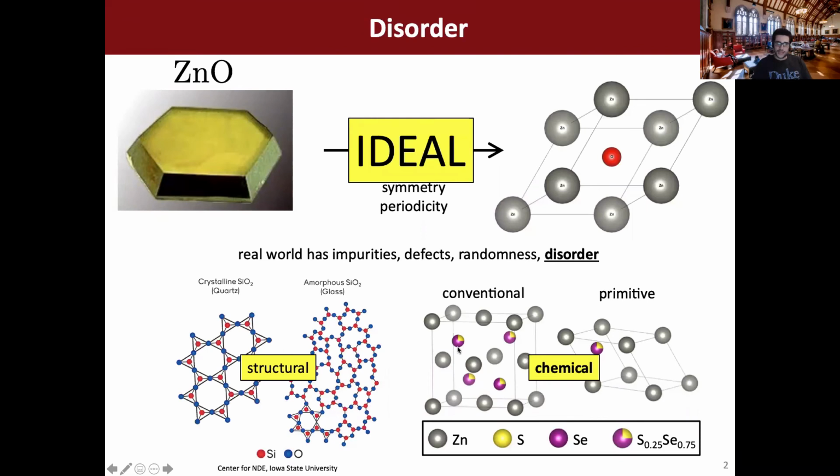So instead of just having the site singularly occupied by sulfur or selenium, we'll have a site that's partially occupied or randomly occupied, depending on which snapshot you look at. 25% of the time we'll see sulfur, and 75% of the time we'll see selenium. But I'll go over that in more detail in the later slides. We're going to focus on the chemical one first.